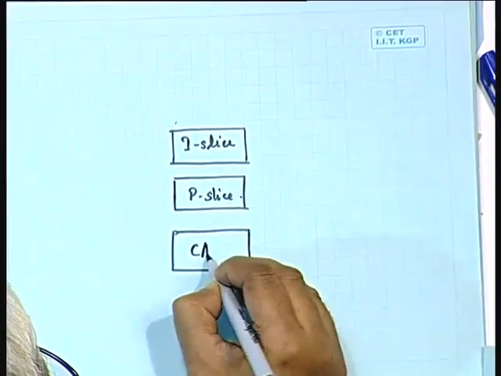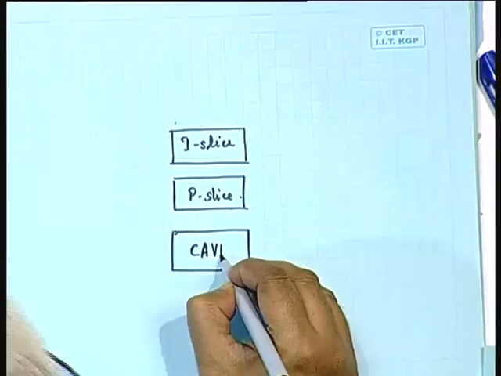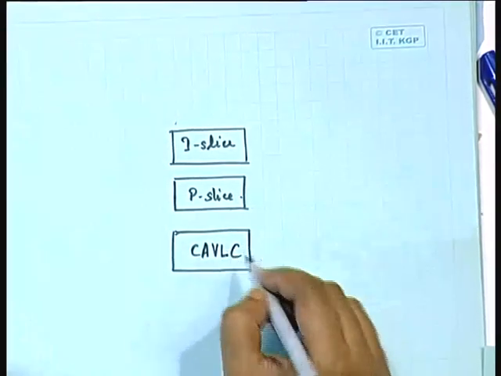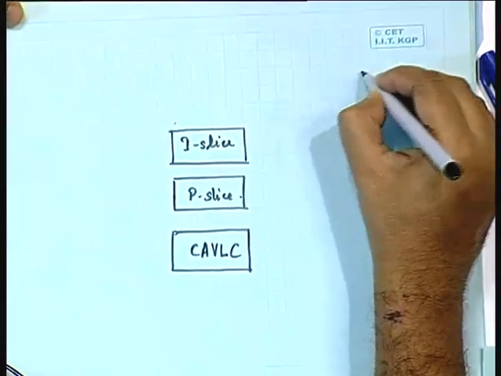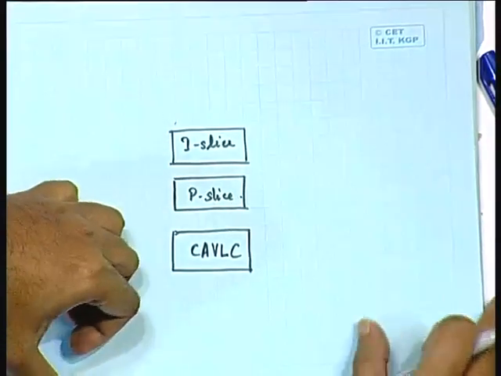So, there we adopt an entropy coding scheme, and H.264 also has an entropy coding scheme, but it is advanced with respect to what the earlier standards have supported. Earlier standards have talked about Huffman coding or arithmetic coding, and H.264 has gone a step further. They have proposed what is called context adaptive variable length coding. In short form, it is referred to as CAVLC. So, CAVLC's full form you remember, I am just writing down.